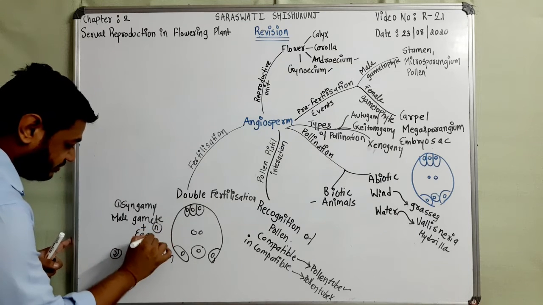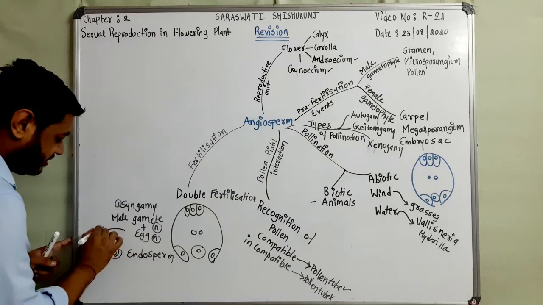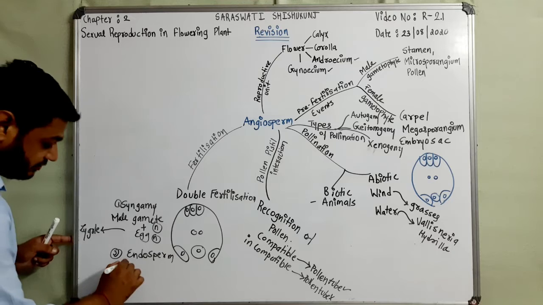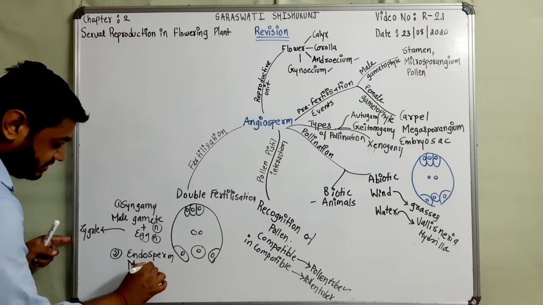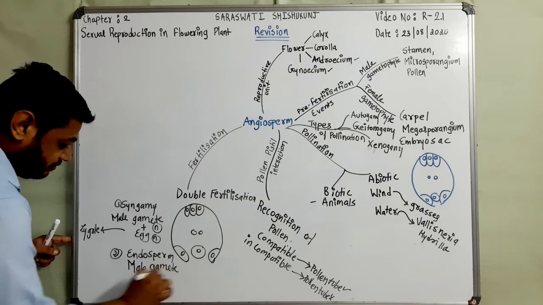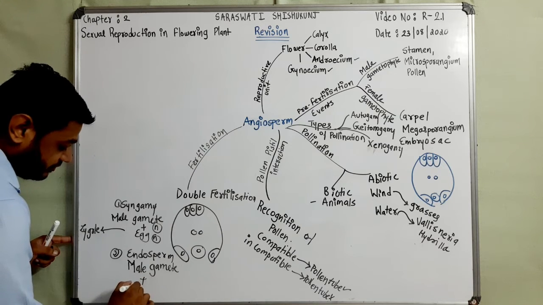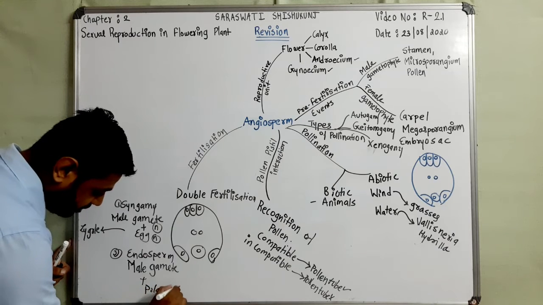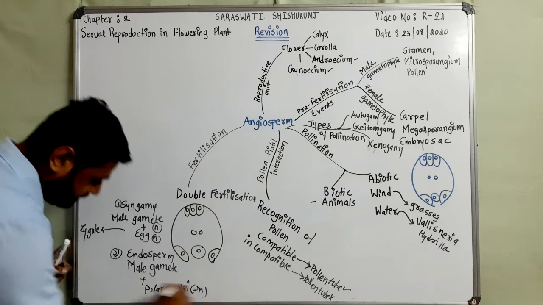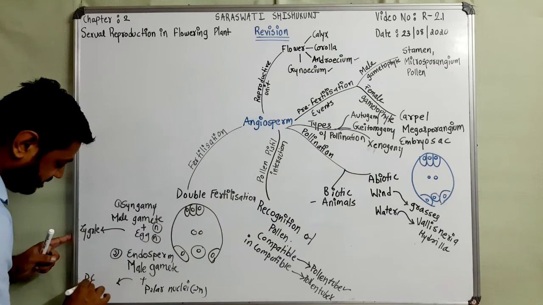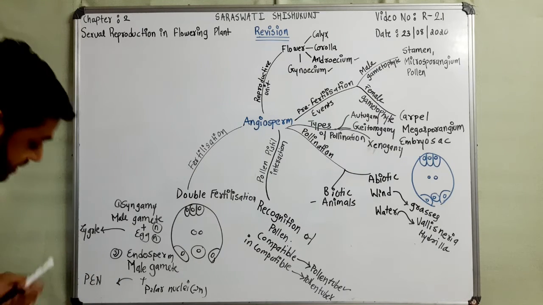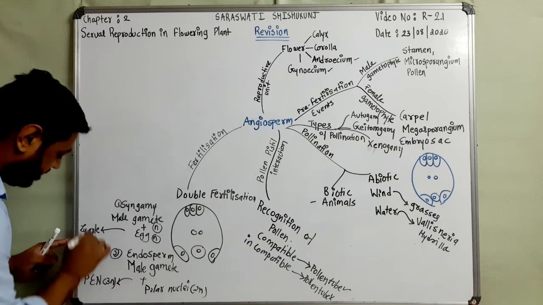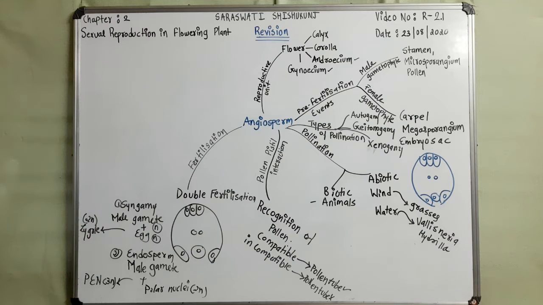The male gamete is haploid and the egg is haploid, so this will result in the formation of a zygote. The second fertilization is the male gamete plus the polar nuclei, which are 2n, and this will result in the primary endosperm nucleus, that is PEN. This will be 3n. The zygote will be 2n.